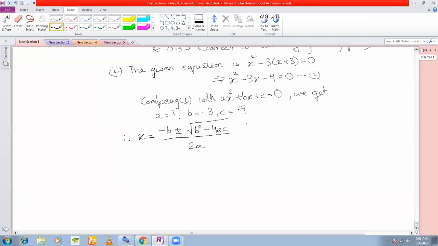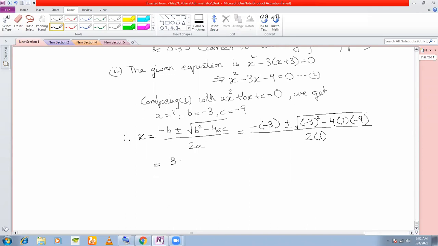We put those values: minus b, b is minus 3, so it becomes minus of minus 3, plus or minus root over of minus 3 square minus 4. The value of a here is 1 and the value of c here is minus 9, divided by 2 into a. The value of a here is 1.